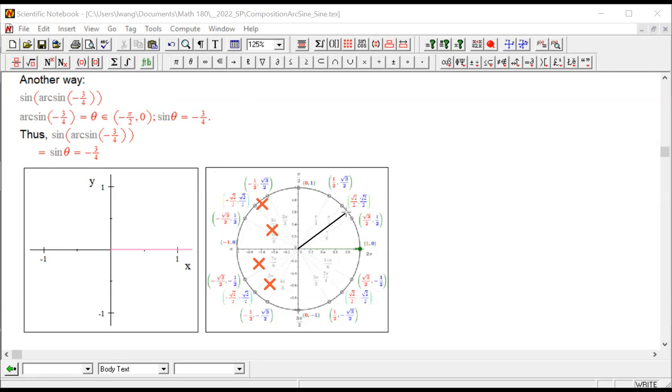It's probably here. And on this point, imagine this point crossing the unit circle, and there's a point, okay?